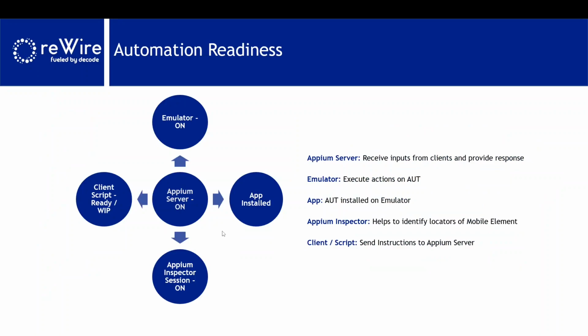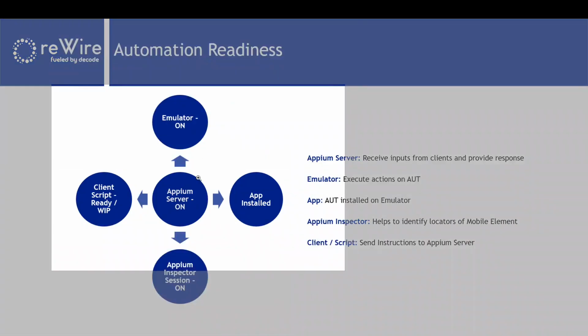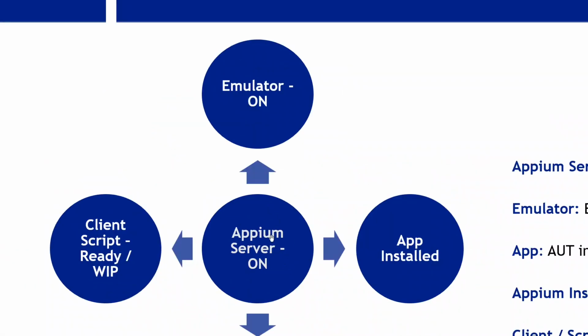Now we are at the final stage, where we can start the short scripts which certify that the installation, setup and everything is working fine. We need to understand a few components that should be ready so that your script will run without any errors. One is that your Appium server is on.